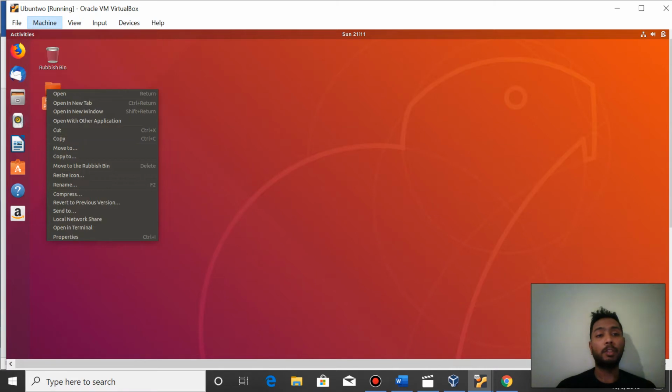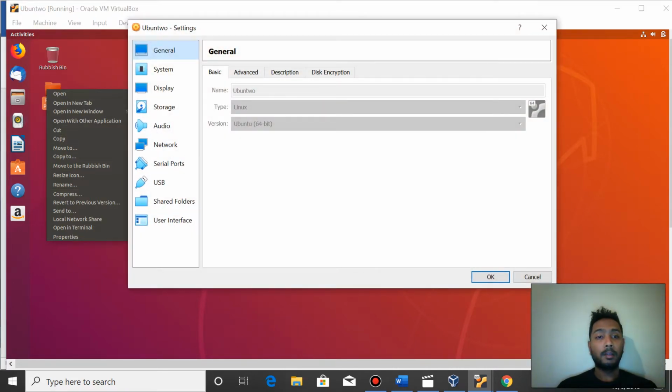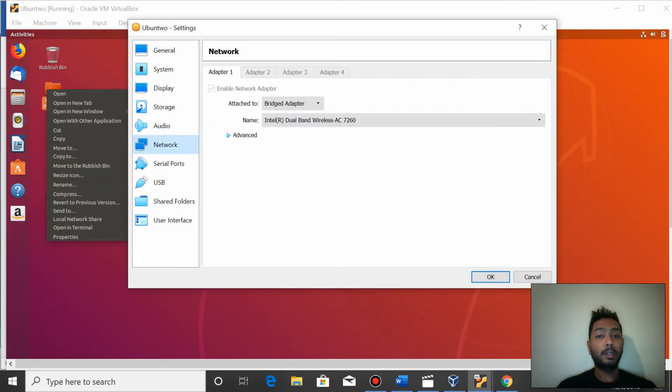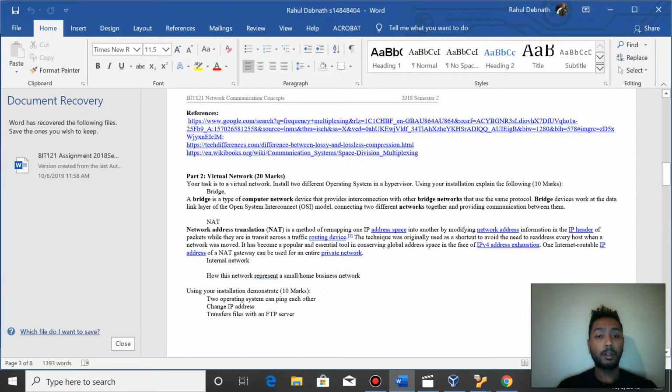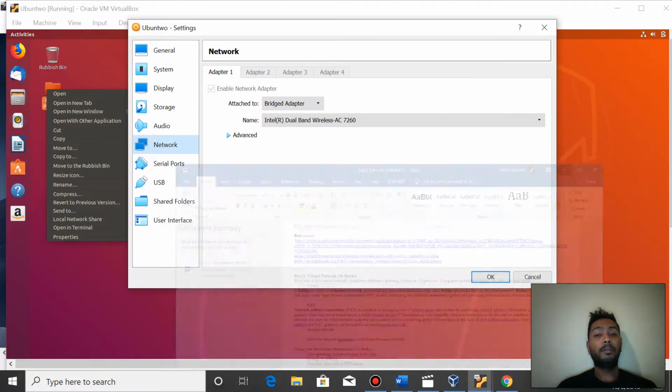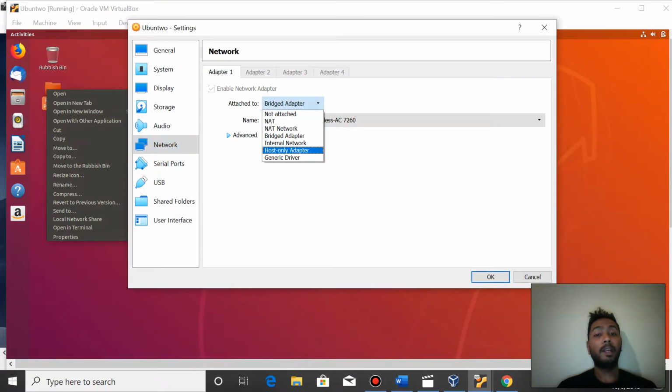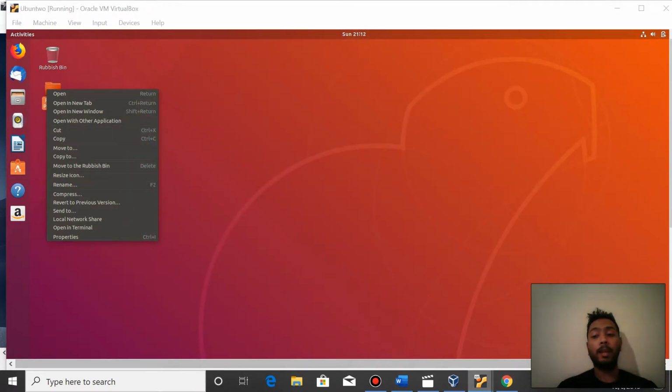Okay, no, so it was machine, settings, and then you go to network, and then you set the bridge adapter like we mentioned. This is the same bridge adapter we mentioned before. Choosing this over NAT will let us have that connection with the other one. And we go to Mac and do the same.